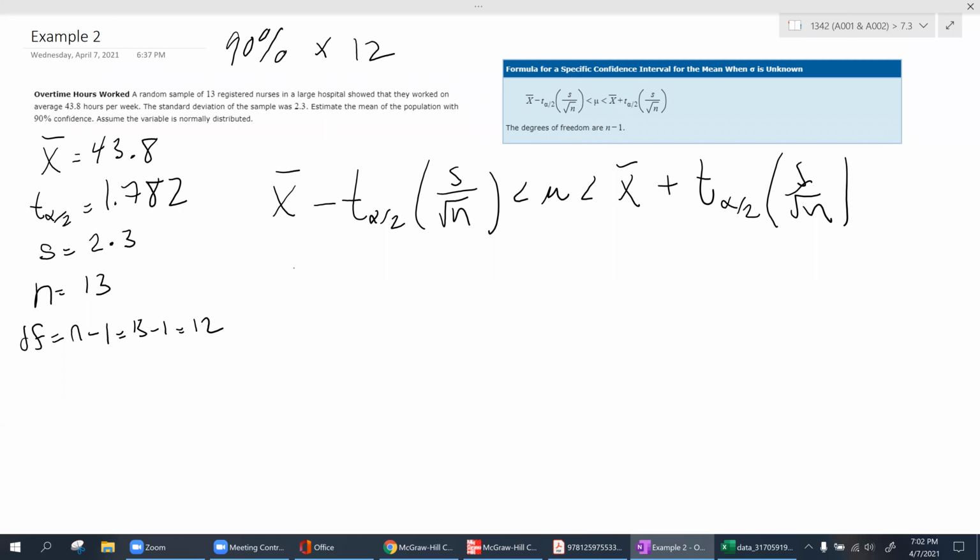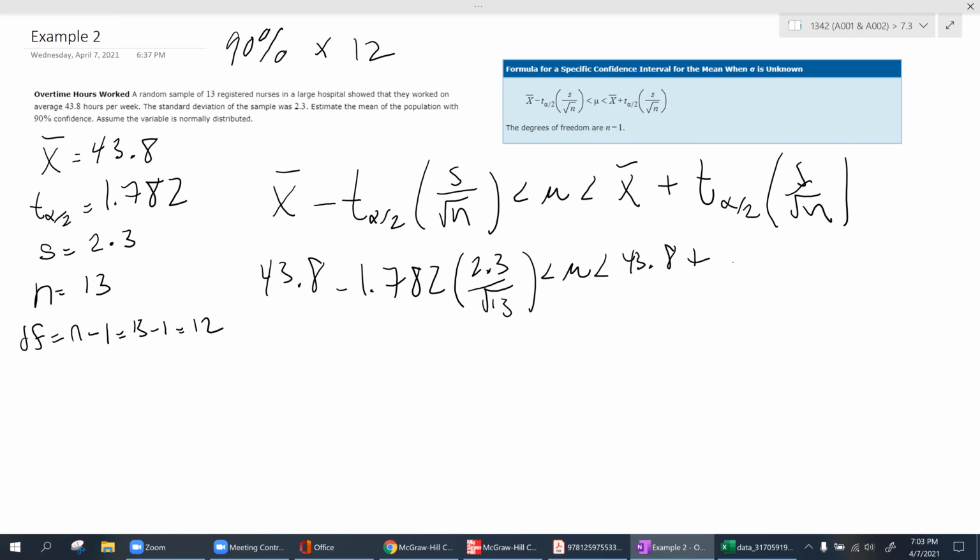So I have here 43.8 minus 1.782 times 2.3 over root 13 less than mu less than 43.8 plus 1.782 times 2.3 over root 13. It's a handful. Let's go ahead and type that in.